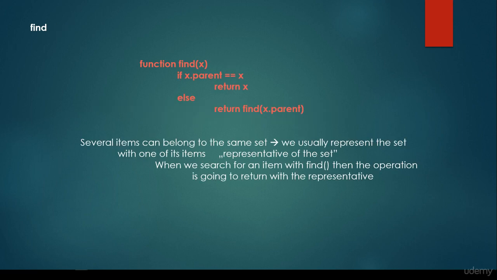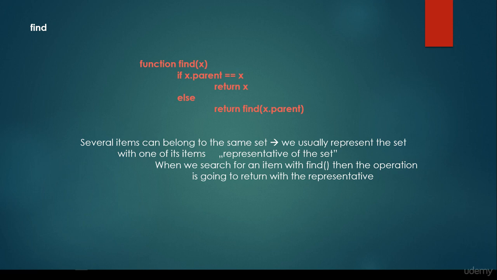What about the find? The find is going to get an item, an X, and if the parent is equal to itself, so X.parent is equal to X, then we return X, and else we return find(X.parent). So we are going to call this find method recursively on the parent. And several items can belong to the same set. It's very important.